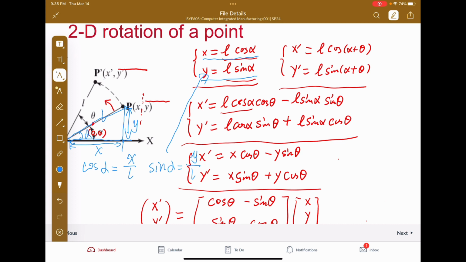So this is the first equations we get. And now we move to the second triangle.